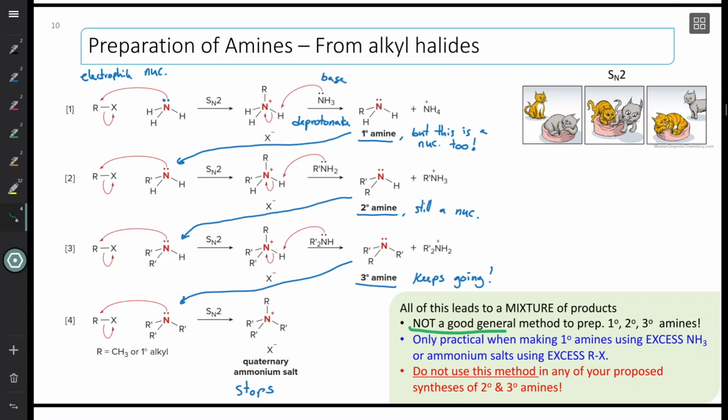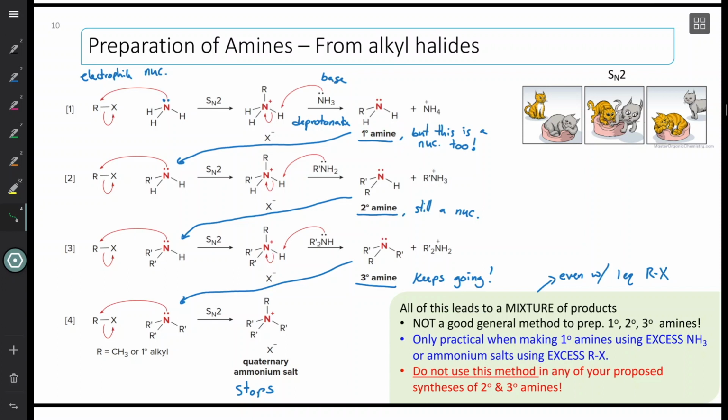It's not a good method really for any kind of amine, but especially secondary and tertiary, because even with one equivalent of your alkyl halide, you will still get a mixture, because as soon as you form a little bit of the primary amine, you haven't used up all of it yet, and so suddenly this primary amine will start reacting.